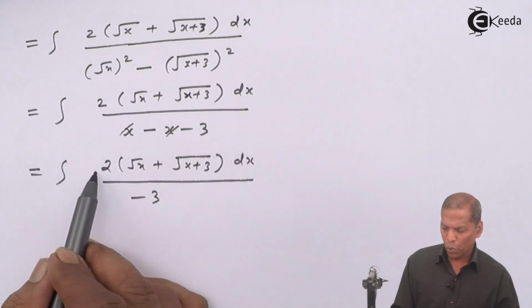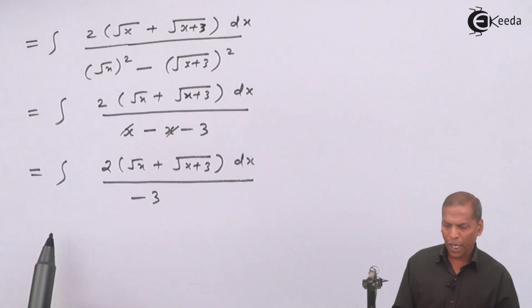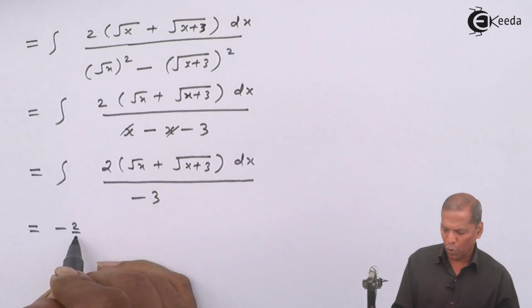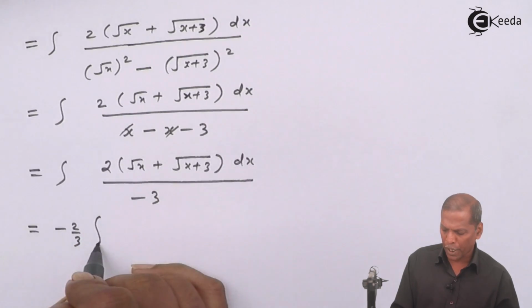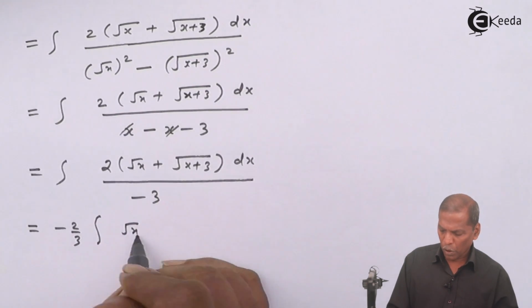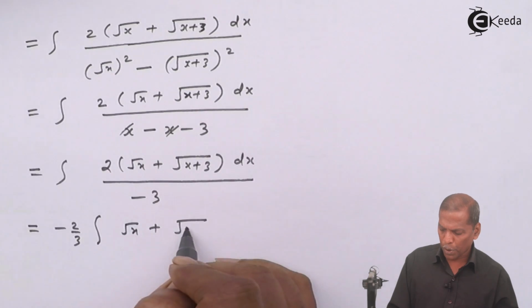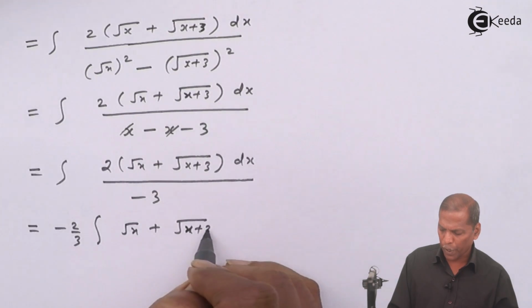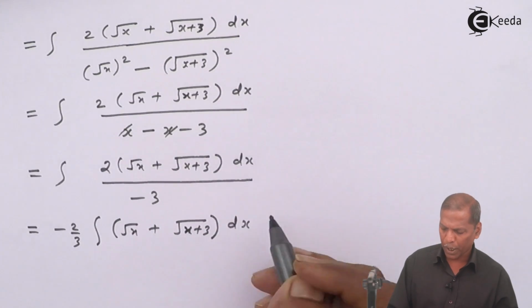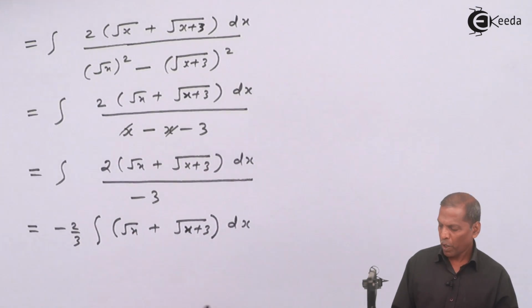Since 2 and minus 3 are constant terms, we take minus 2 upon 3 outside the integral sign. Root x plus square root of x plus 3 bracket complete into dx we write as it is.